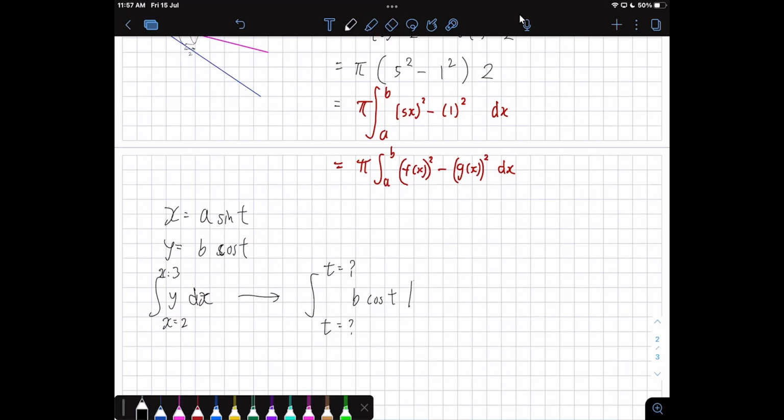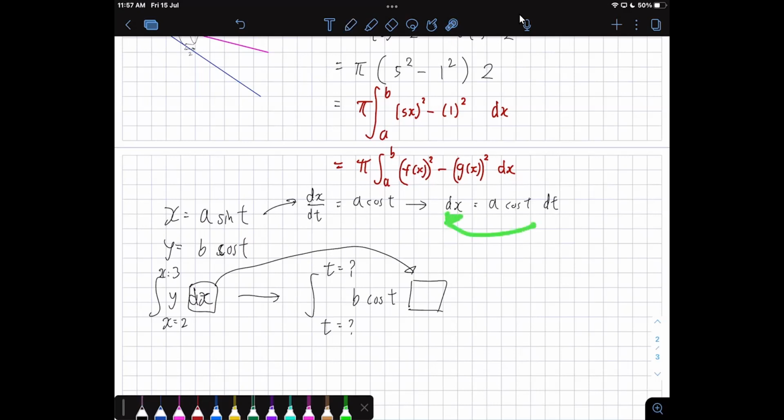Then how do you find dx? It's the same as substitution: you need to differentiate. So dx by dt equals a cos t. Then you can make dx the subject by bringing the dt over, so you get a cos t dt. Then you can substitute in that kind of thing. I'll go through it in detail next lesson, if we have time. Then after that you can just continue. So it's just like substitution.